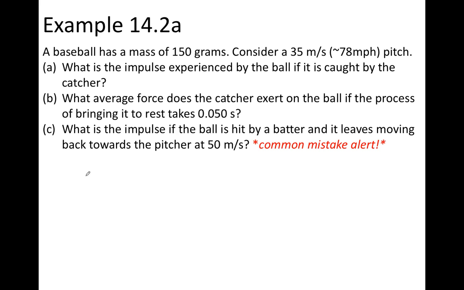So most students will say, all right, I know how to calculate impulse. Impulse is just the change in the momentum. And the change in the momentum is the mass times the change in velocity. Well, we knew the mass. That mass was the converted 0.15 kilograms. And I know how to find a change in something.